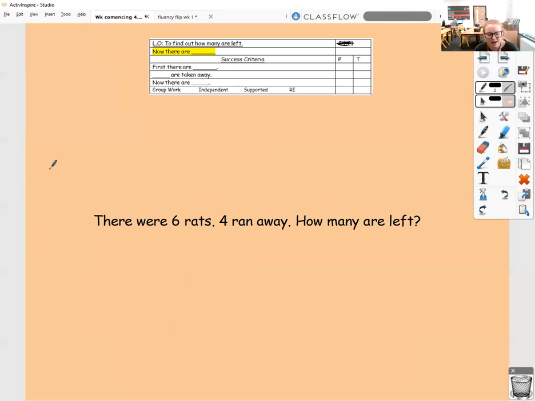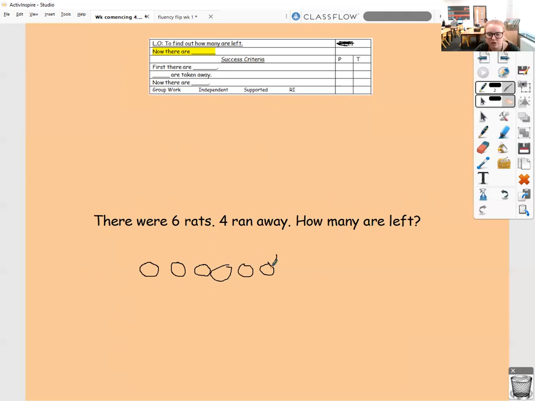Oh, this time there were 6 rats. 4 ran away. How many are left? So I'm going to draw it out to help me. I'm not going to draw rats because that'll take a really long time. I'm just going to draw some circles. So I'm going to draw 6 circles to represent my 6 rats. 4, 5, 6. 4 ran away. How can I represent my 4 rats running away?